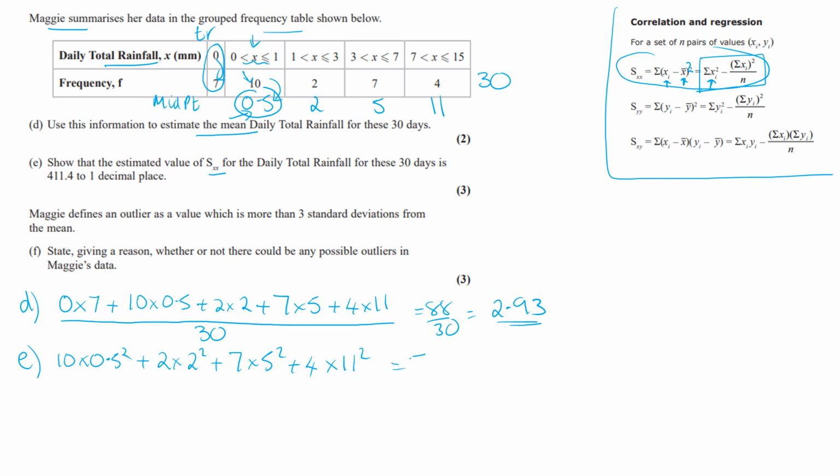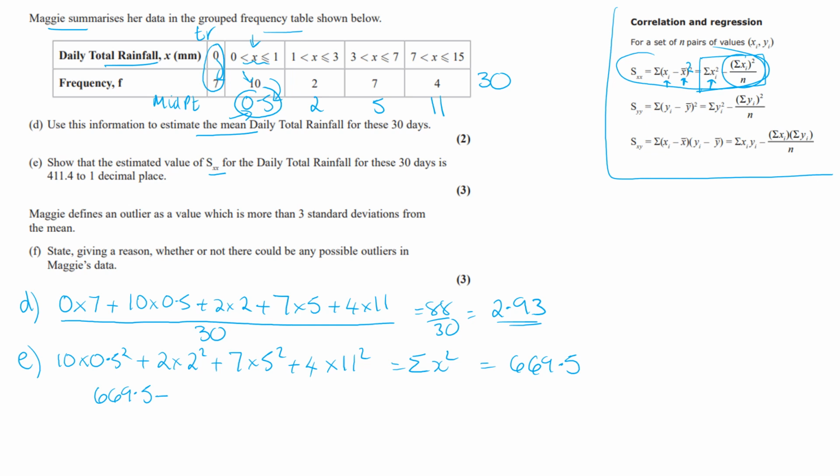That will give you the sum of the squares, and that comes to 669.5.